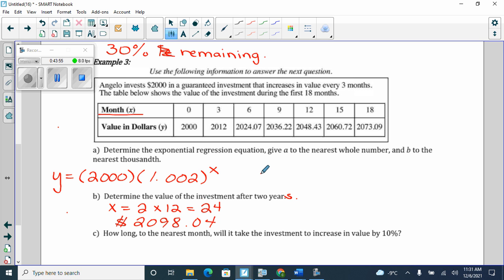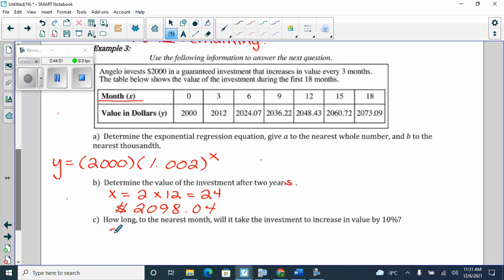Then how long to the nearest month will it take the investment to increase in value by 10%? So I could go 2,000 times 0.10, which is what? 200. And I need it to increase by that, so I need 2,200, correct? And that's going to be my Y2.